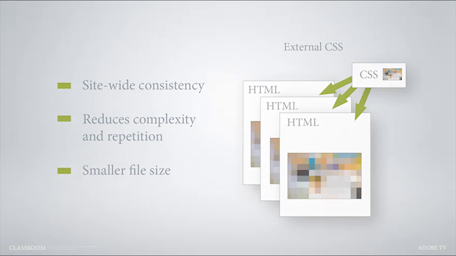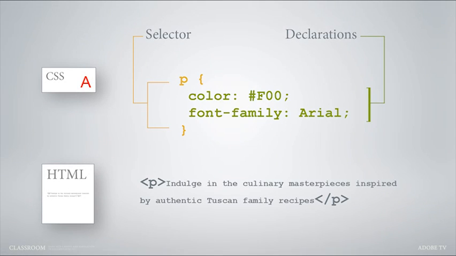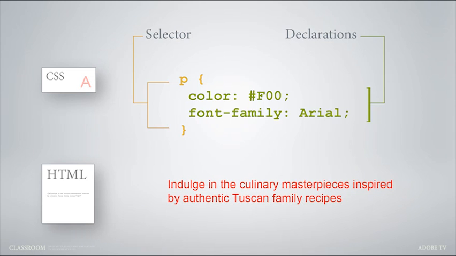But to break it down a little further, if we take a look at a CSS rule, for instance, a CSS rule basically consists of a selector and a declaration. So in this case you might have a paragraph tag, and you could have CSS that redefines that paragraph tag or declares different properties for this paragraph tag, making the text red, maybe giving it a different font as well.